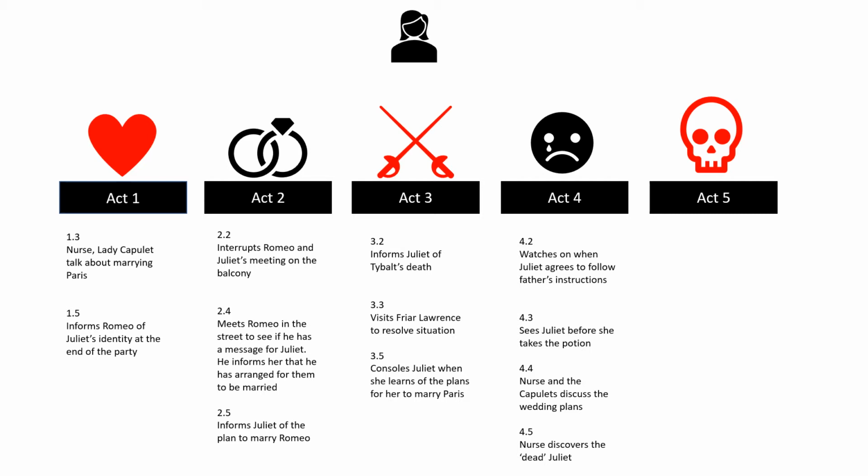And so from that point on she disappears from the story completely. So that gives you a rough idea of the character itself. Now what we're going to do is just have a look at a few scenes and a few extracts to do with the character, to give you a better understanding of the character itself.